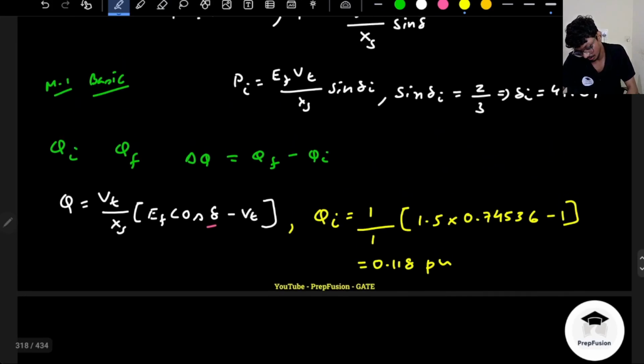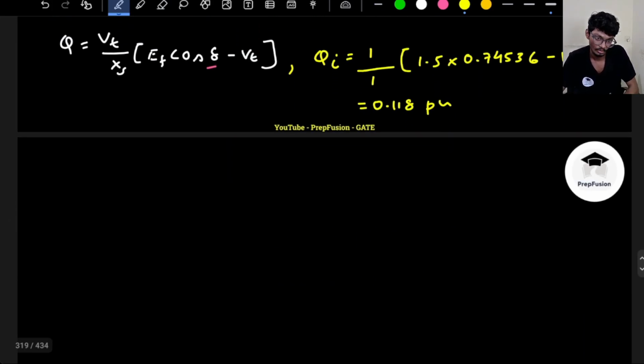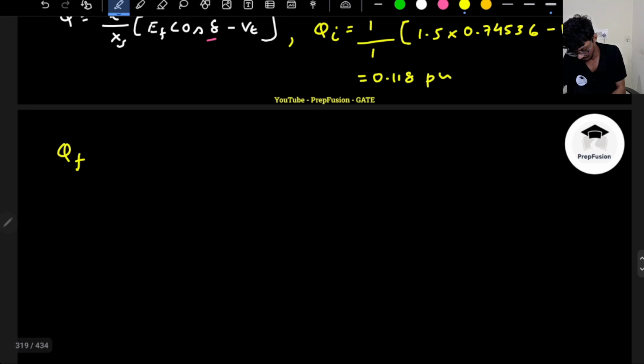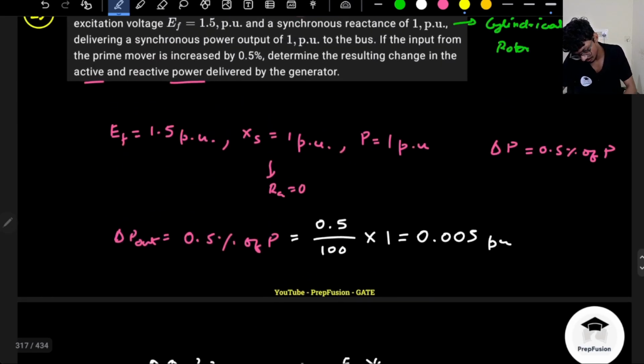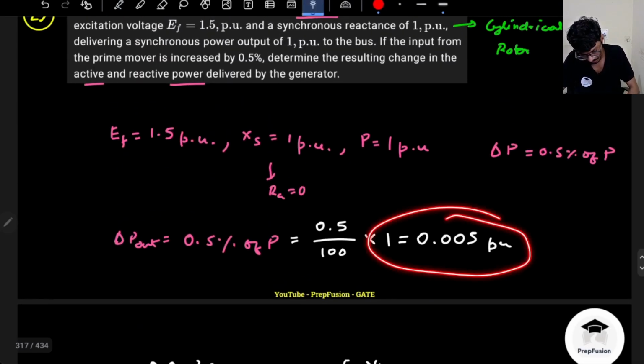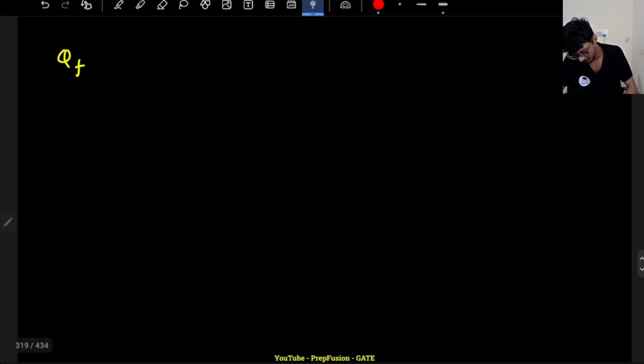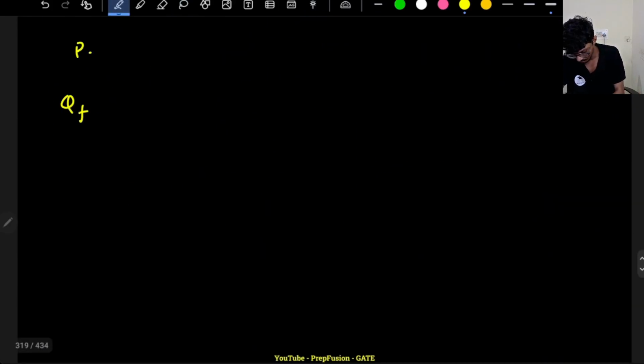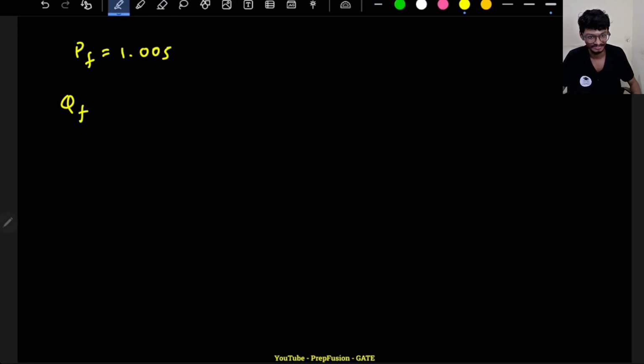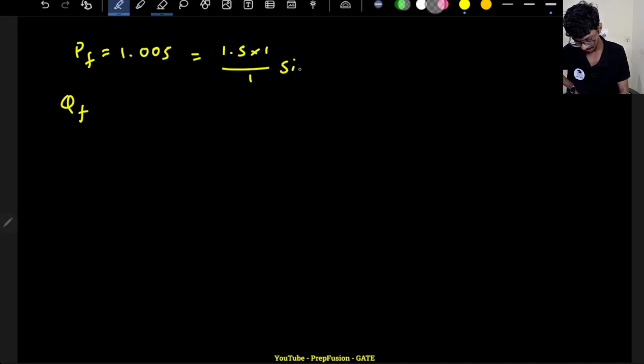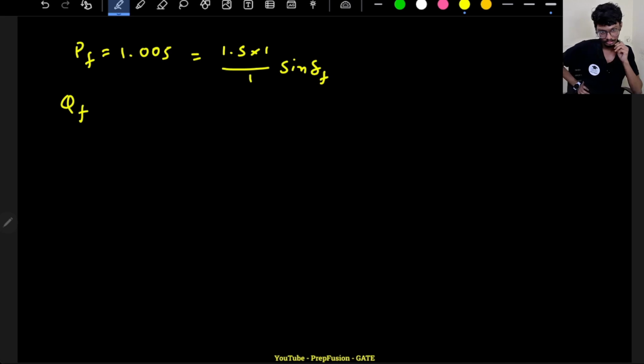Now I have to find the final reactive power. How will I find it? The power has changed; the new power Pf is 1.11. The increase is very small, but still there is some considerable change. From here I can find delta f: Pf equals Ef into Vt by Xs into sine delta f. There will be some change in the angle.